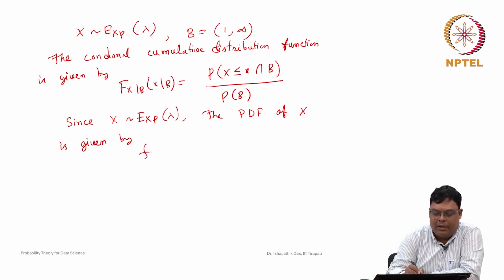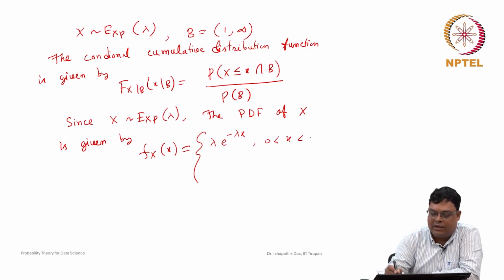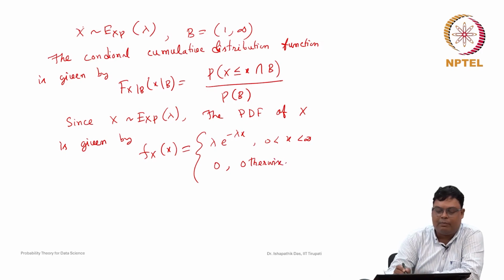That is why we discussed all these distributions first, because they are known to us and we need not learn them again. It is nothing but lambda e to the power of minus lambda x whenever x is greater than 0 and less than infinity, and 0 otherwise.